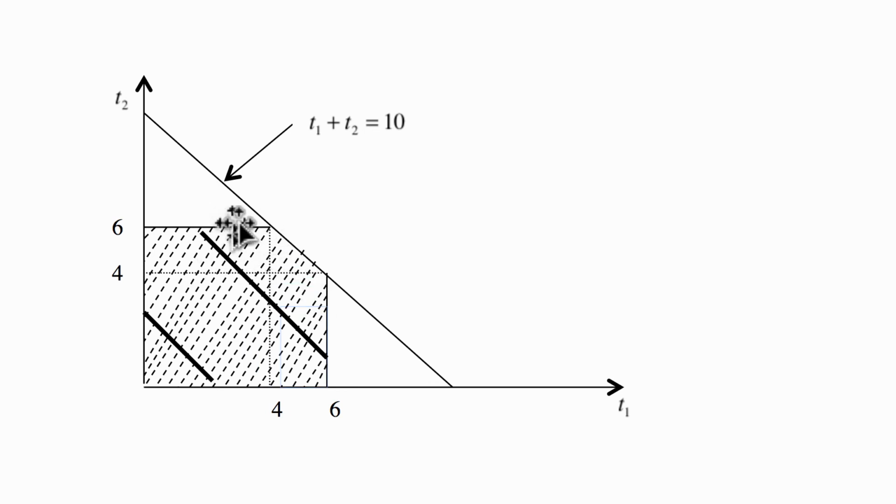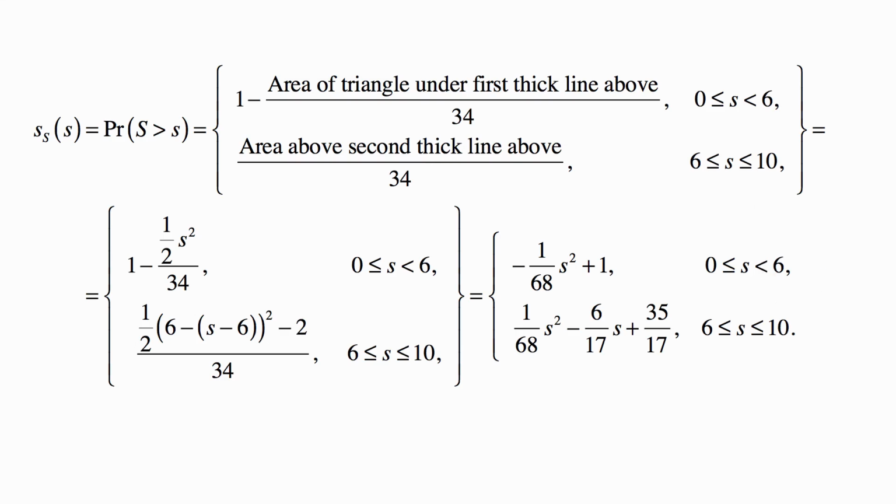we have to figure it out, but you can kind of see that if it wasn't for this cutout triangle, it would be kind of easy, because it would be the area of a triangle, but it is the area of the big triangle minus the small cutout triangle. So for the first case, when s is between 0 and 6, this is 1 minus 1/2 s squared, the area of a right triangle with two perpendicular sides of length s, divided by 34.